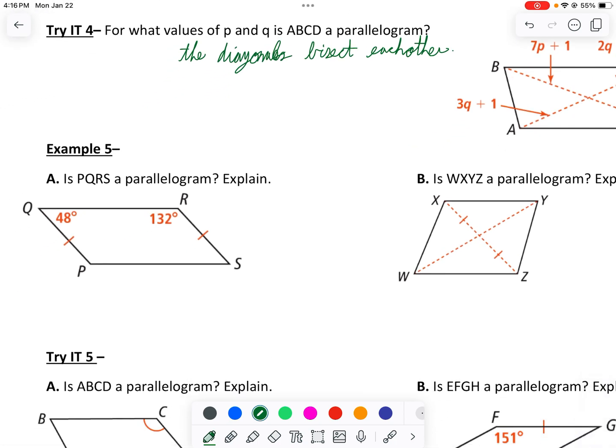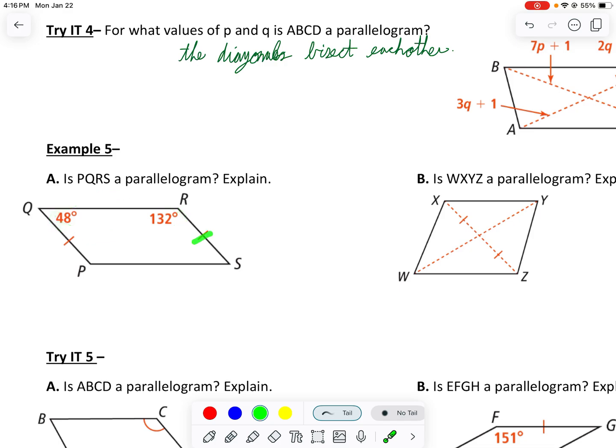This next question says, is this a parallelogram? Ooh, good question. Now we have 2 congruent sides. So that looks like it could use the opposite sides are congruent one, but remember we need 4 pairs of congruent sides. We don't have 4 pairs, we only have 2, but we do know that this combines to form 180 degrees.